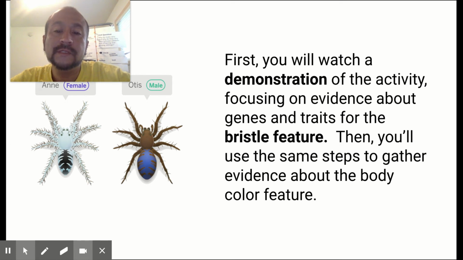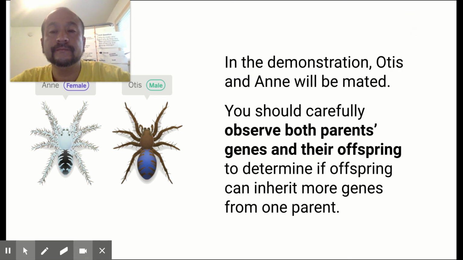Then you'll use the same steps to gather evidence about the body color feature. In the demonstration, Otis and Anne will be mated. You should carefully observe both parents' genes and their offspring to determine if offspring can inherit more genes from one parent.